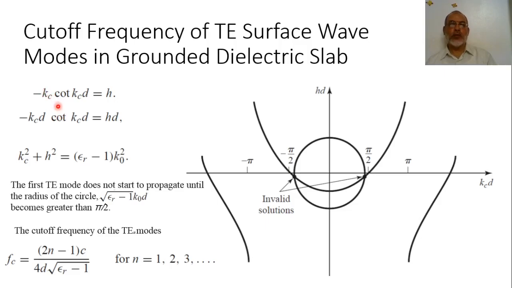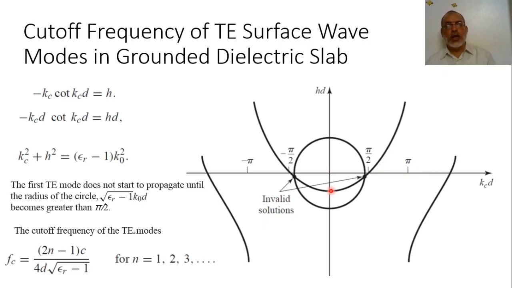The limit of x over sine x as x goes to 0 is unity, and cosine is unity. So at the value KcD equals 0, this value is unity, and this 1 equals HD. So if Kc equals 0, HD equals 1.